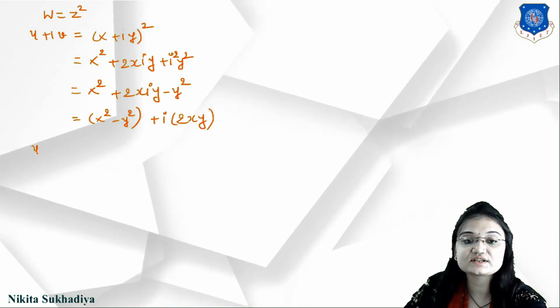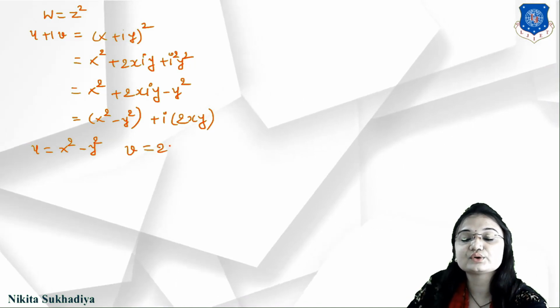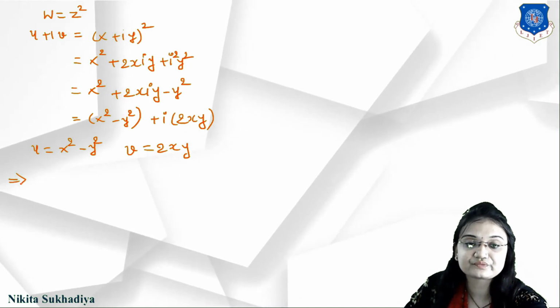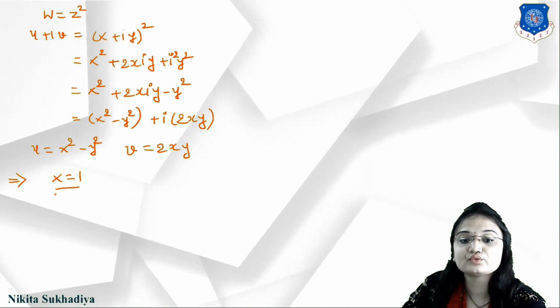So U is equal to x squared minus y squared and V is equal to 2xy.